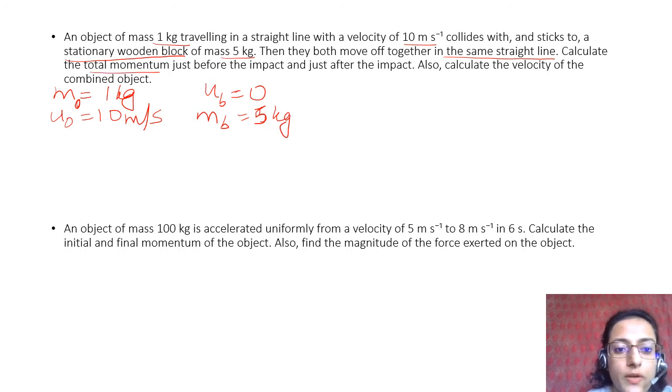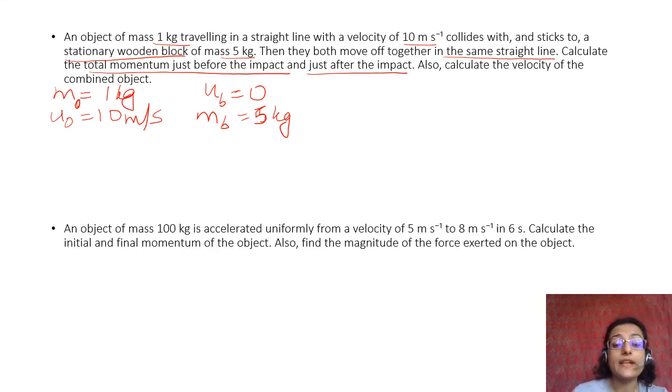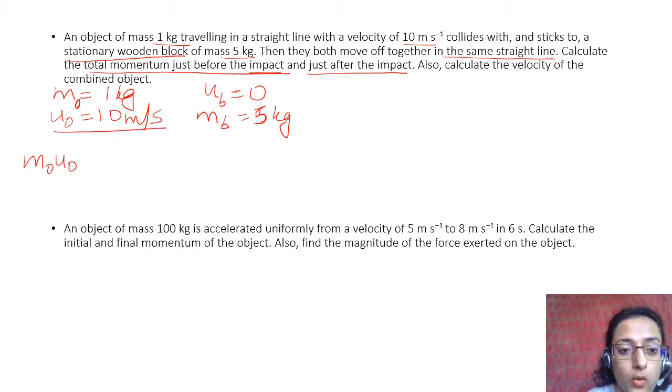Calculate the total momentum just before impact and just after impact. Now we know that the total momentum just before impact and just after will be the same due to the law of conservation of momentum, right? So we can just calculate the total momentum just before impact. Here we can say m_o u_o, this is momentum of the object that is moving, plus momentum of the block, m_b u_b.